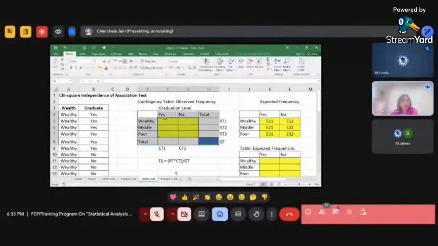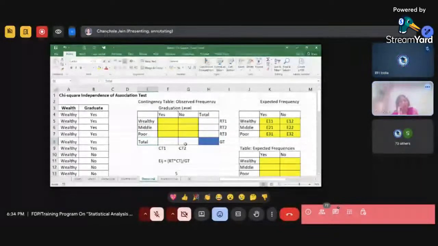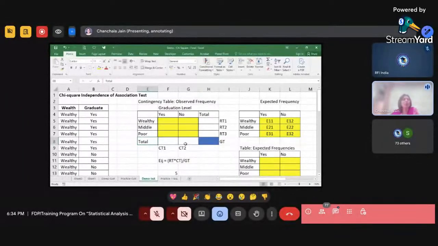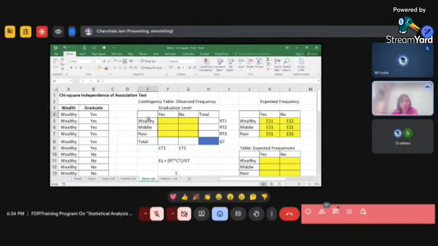The graduation level I have taken in the columns and the wealth status I have taken in the rows. And then the row total and the column total I have taken here. Done, everyone? Prepare this. You only need to prepare one and then you can copy. For the expected frequency, you can copy only this portion. Fine?